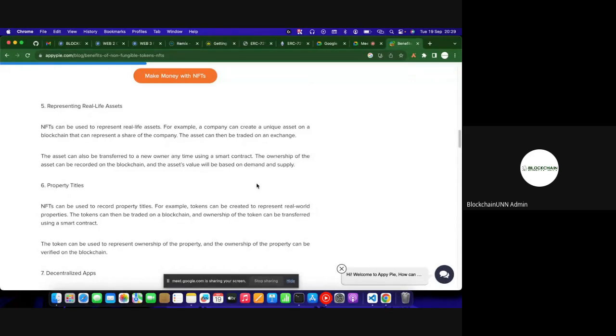You don't need to go through all those, right? The assets can easily be traded on an exchange, a marketplace, or whatsoever, with smart contracts being the guarantor that everything is going to go as planned. And of course, the asset value can also go up based on demand and supply.